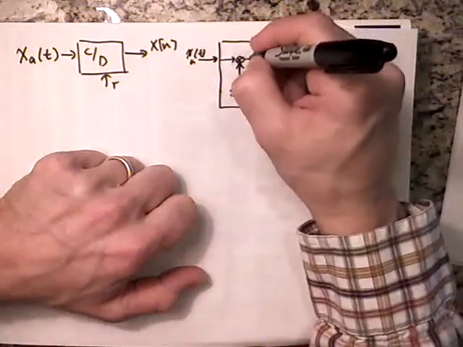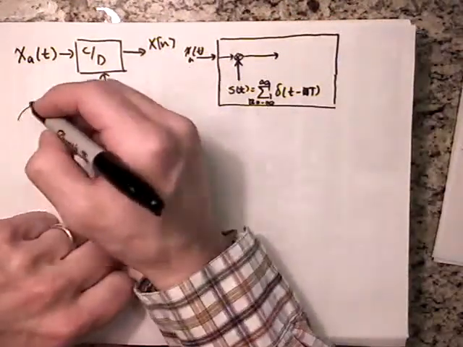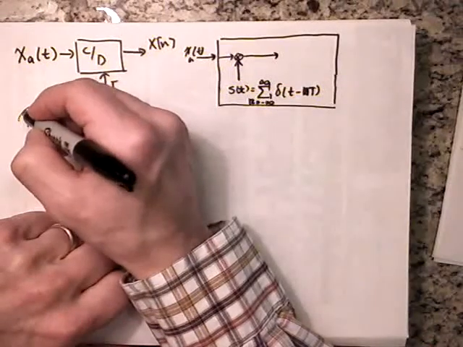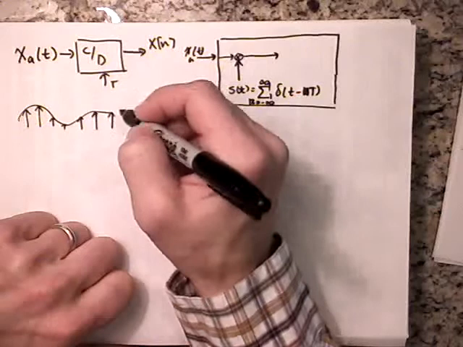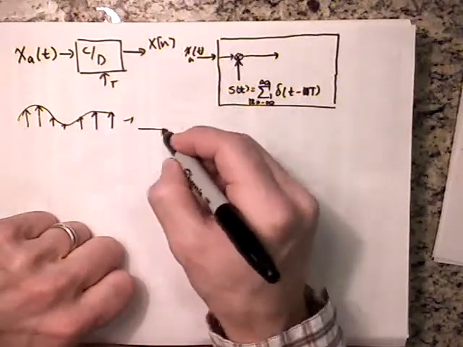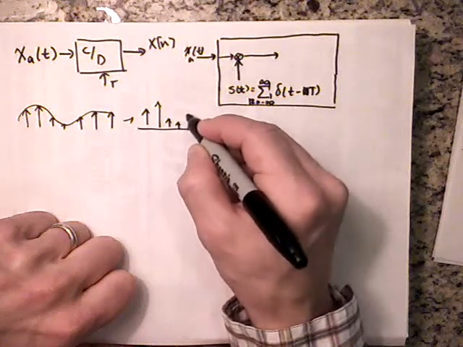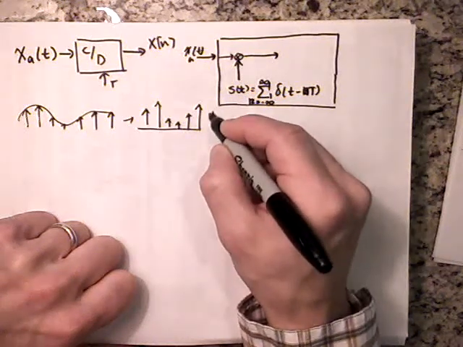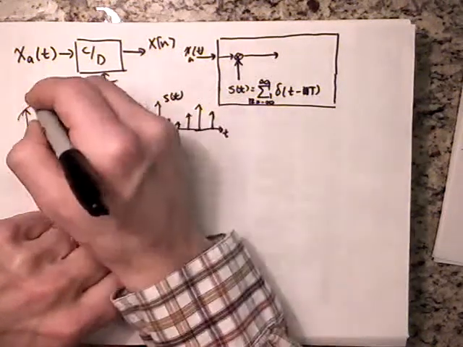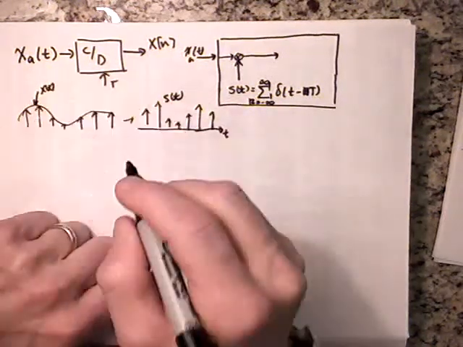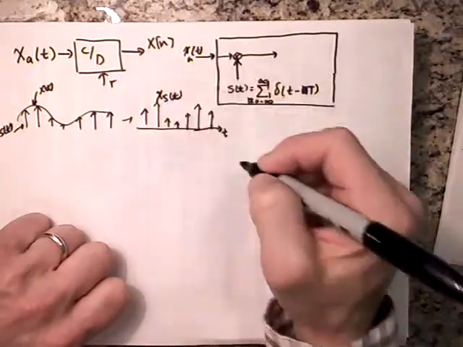And then after I do that, I get a waveform, which was the original waveform, x_a(t), whatever it was, multiplied by this impulse train. When you multiply those together, you get an impulse train where the impulses have different areas. I'll call this signal x_s(t).